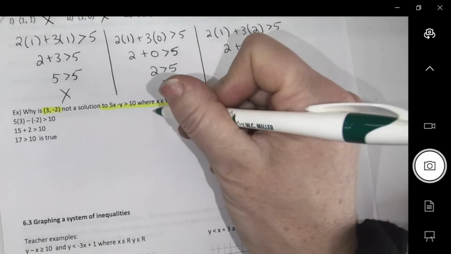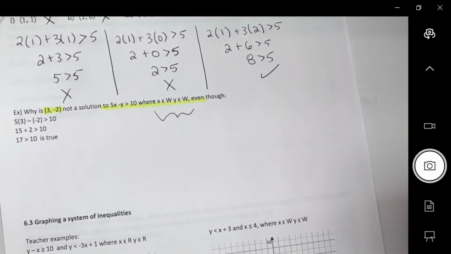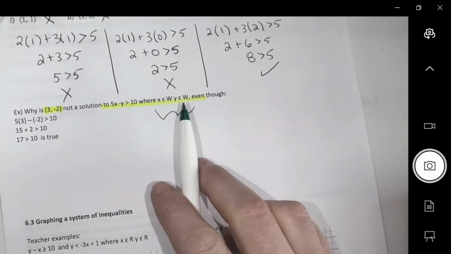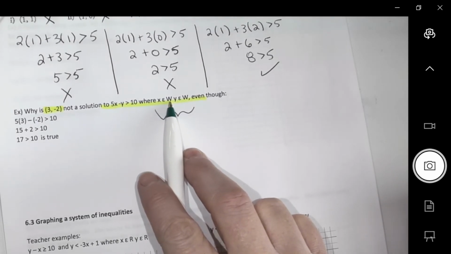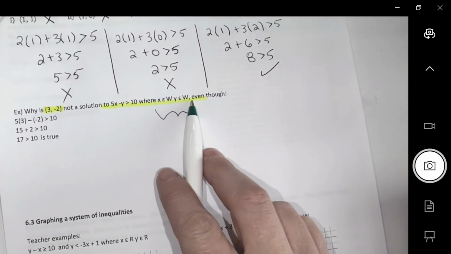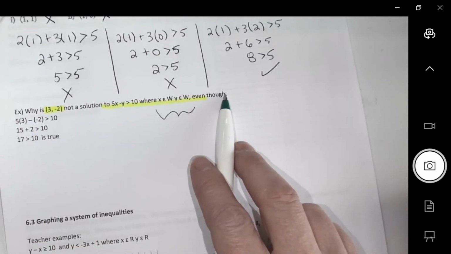Has something to do with this part of the question. Do you remember what that says? It says x has to be a whole number and your y has to be a whole number. What do whole numbers mean? Remember that one?